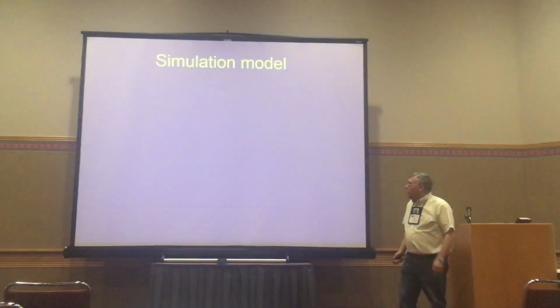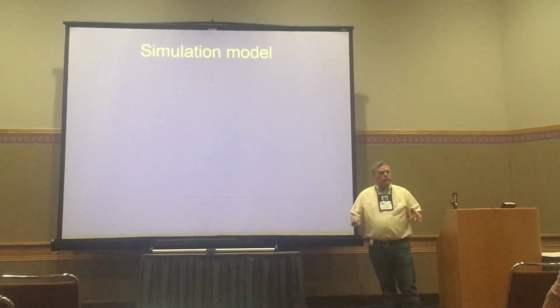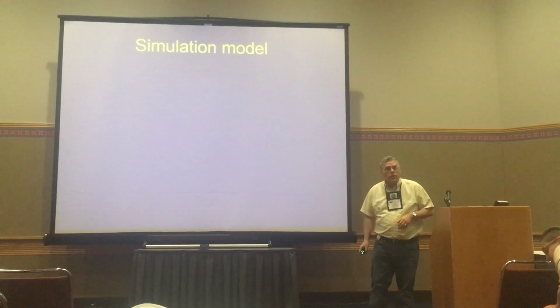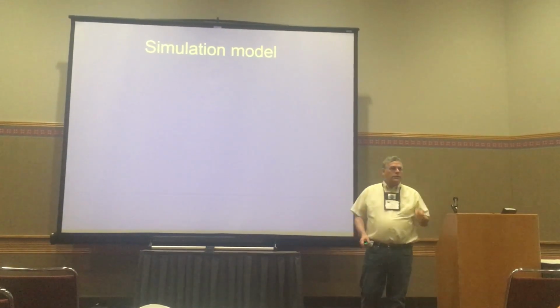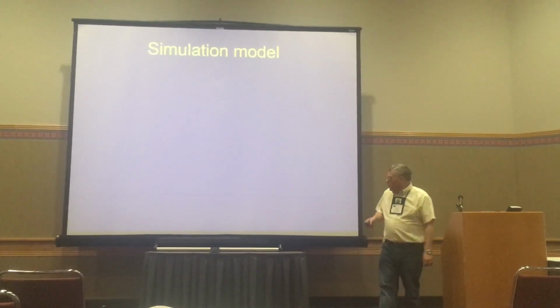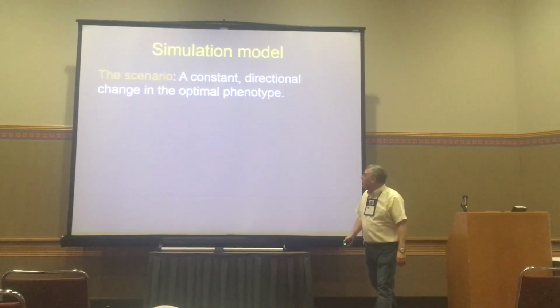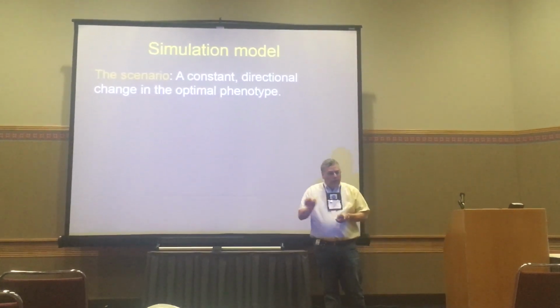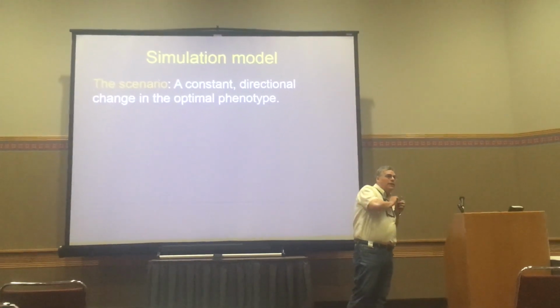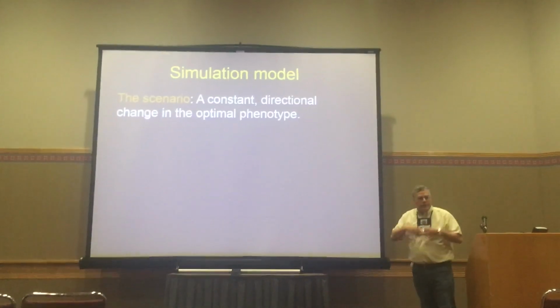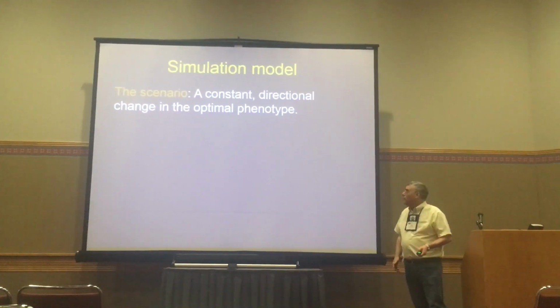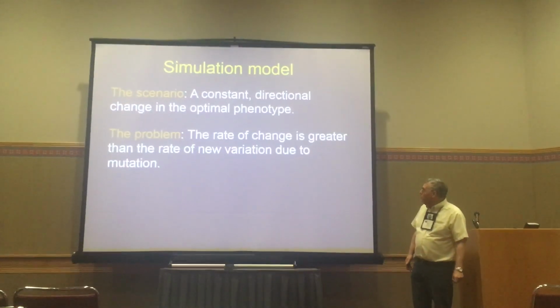So, the model was an individual-based model in which you have individuals, it's hard selection, individuals are producing offspring. The scenario is just a simple continuous directional change in the mean environment. So that's the simplest kind of pattern of change you can imagine.